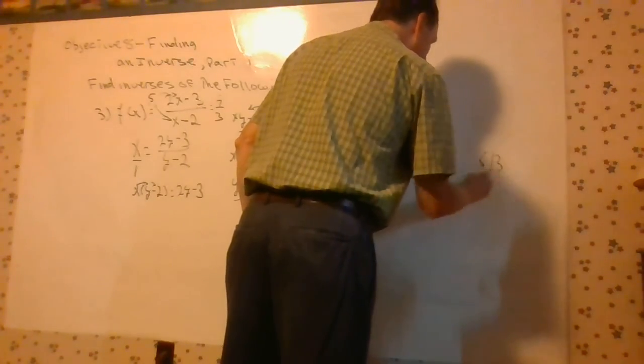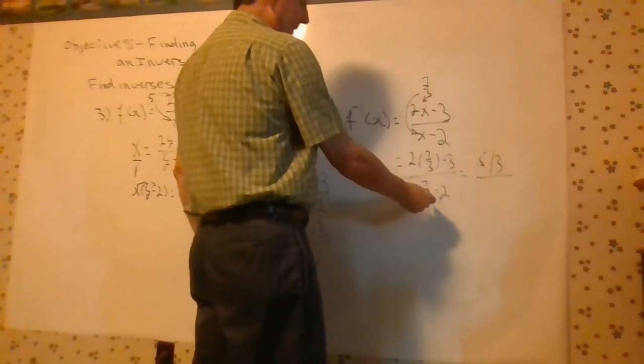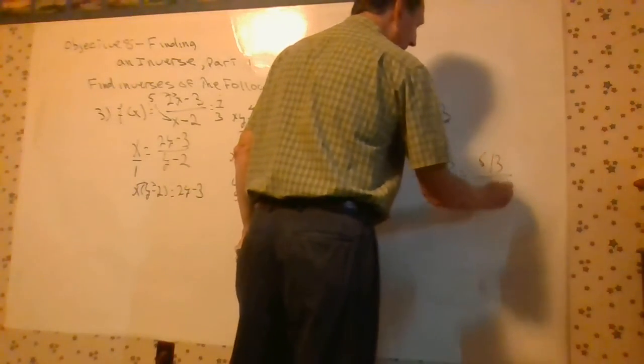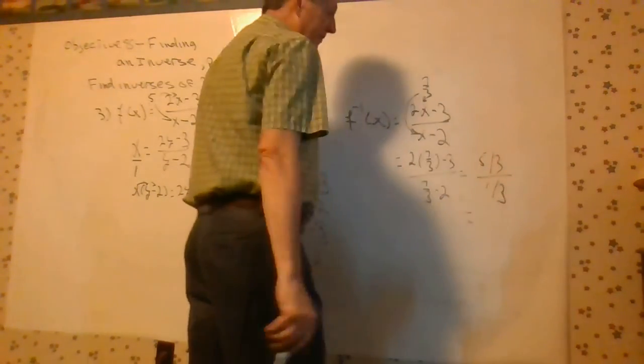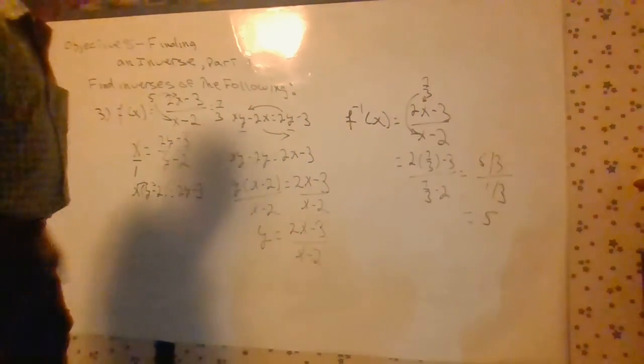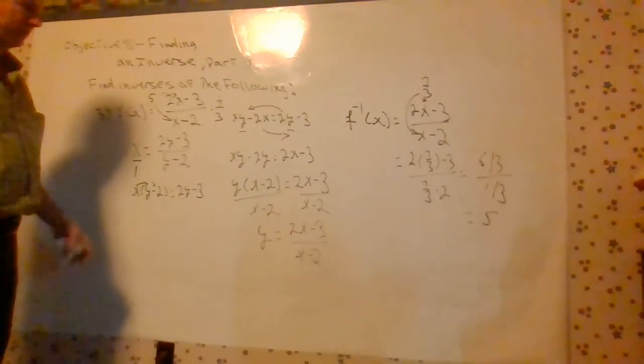And that's 14/3 minus 9/3. 14 minus 9 is 5/3. 7/3 minus 6/3 is 1/3. And use your imagination, that simplifies to 5. You can invert and multiply. Sure enough, we get 5 back. It works all the time.